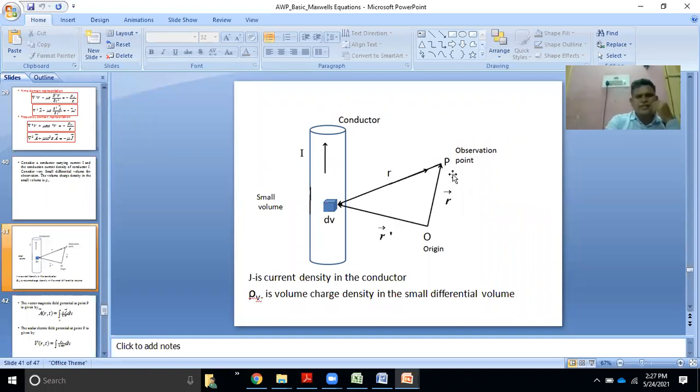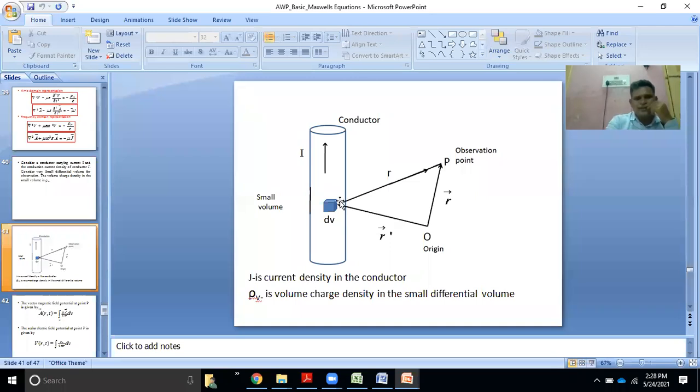The scalar potential and vector potential will change based on r also. Here we can say that the scalar potential and vector potential are functions of r and t. What is r? The distance. What is t? Time.